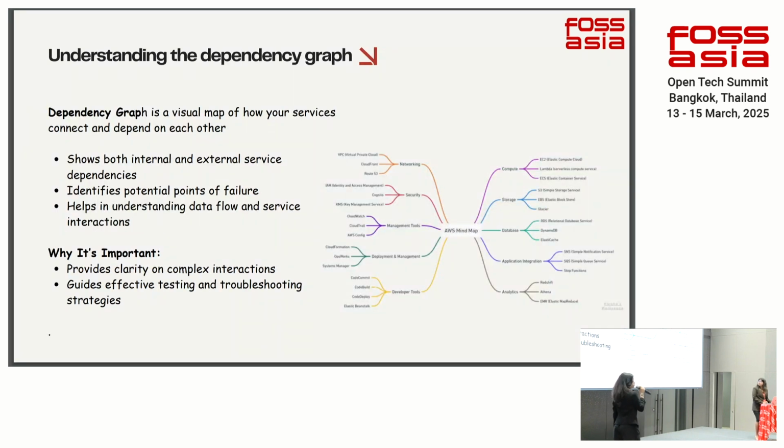Next comes understanding the dependency graph. As I have mentioned, understanding the dependencies is itself a huge task, since there are a lot of services interacting with each other. So it's always best to draw a dependency graph, which helps us visualize how the dependencies interact, how resources collaborate with each other, and what exactly the mind map looks like.